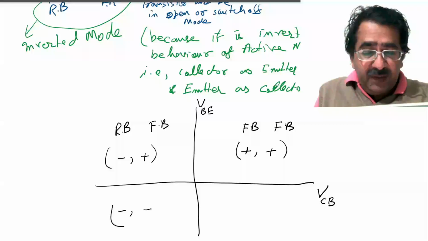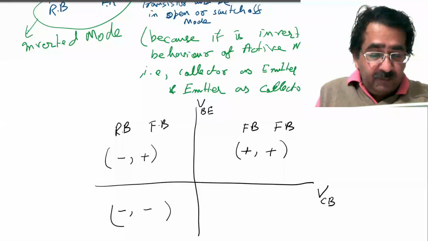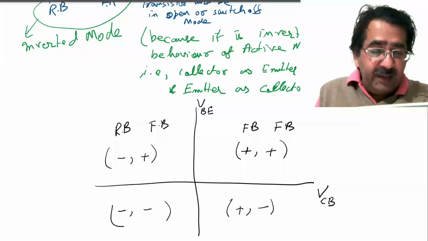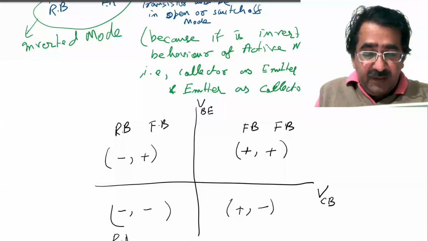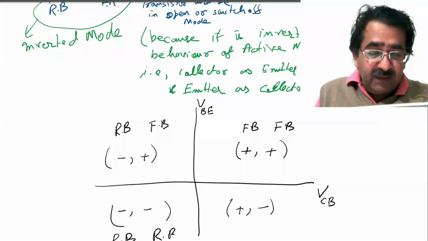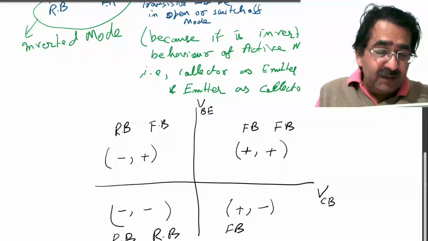Here, both will be negative, X positive and Y negative. Here, this is reverse biased, this is reverse biased, this is forward biased, and this is reverse biased.